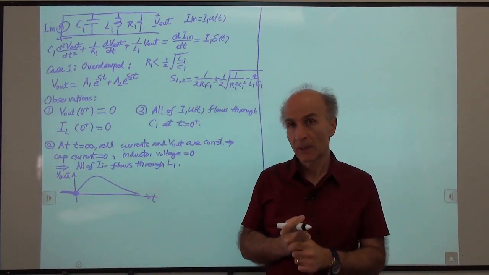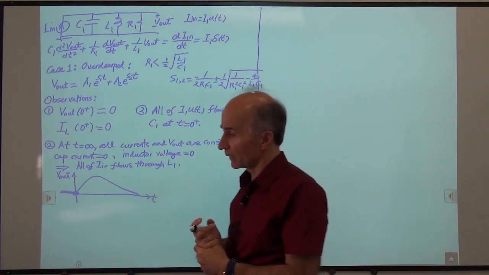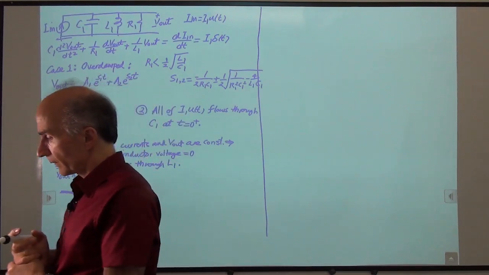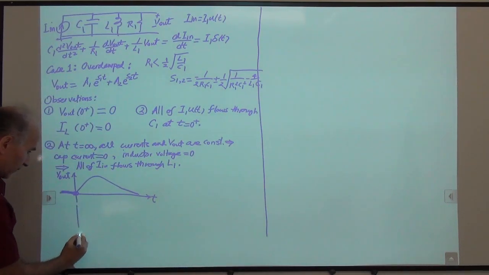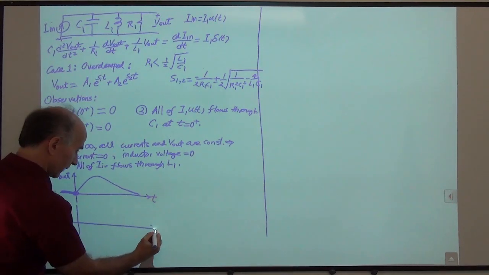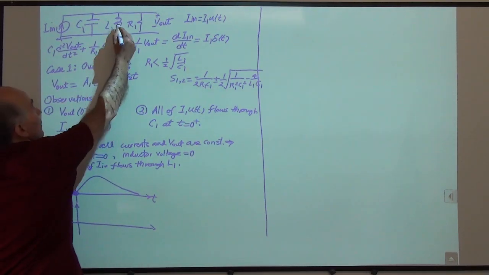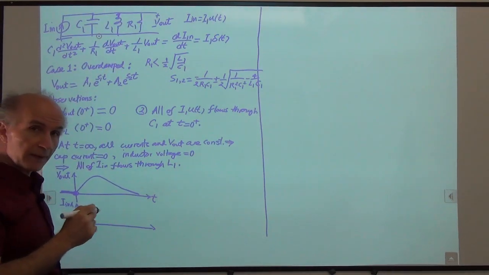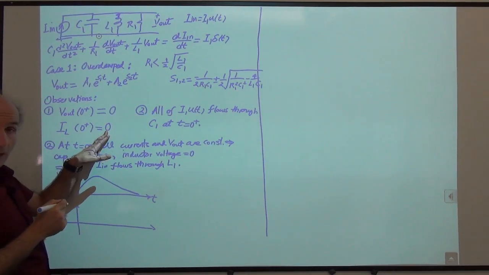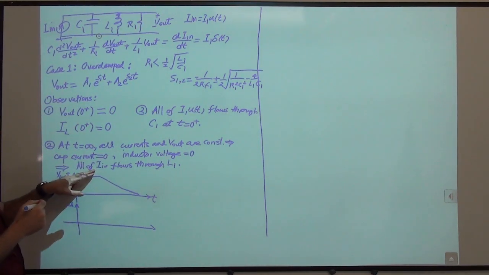All right. What can I say about the current through the inductors? So again, let's try to sketch that as a function of time. The current through the inductor, meaning this current right here, the current that's going down through the inductor. So we decided that at time 0 plus the current is 0. At time infinity, it carries all of I in.